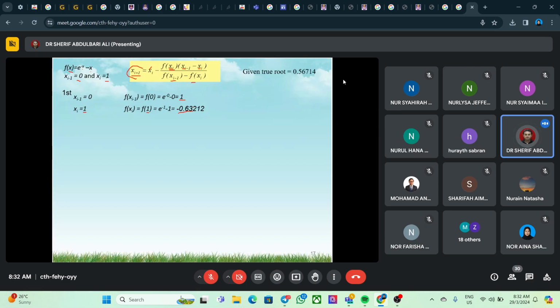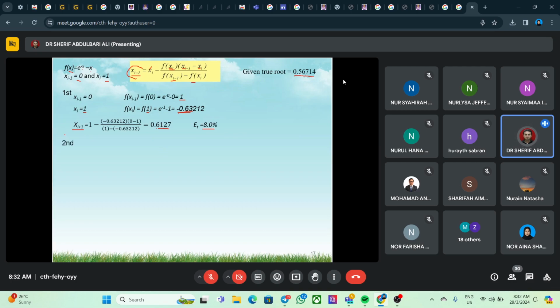And I have the function of x, which is negative 0.63. I put all these values in to find the new value of x plus 1, and the answer is 0.6127. This value is not close to the true value. When you calculate the error, true value minus the result over the true value, the relative error is 8%. That means I need to iterate one more time, because the tolerance given in the question is less than 0.05. So I will go for the second iteration.